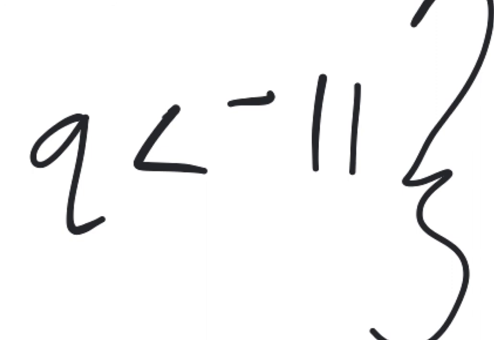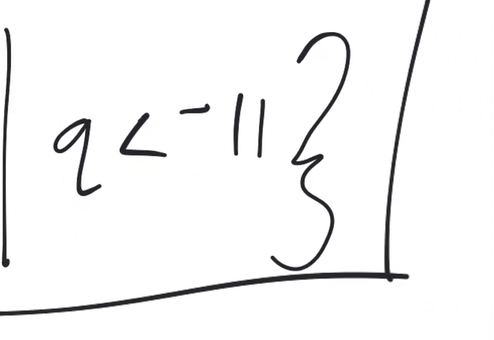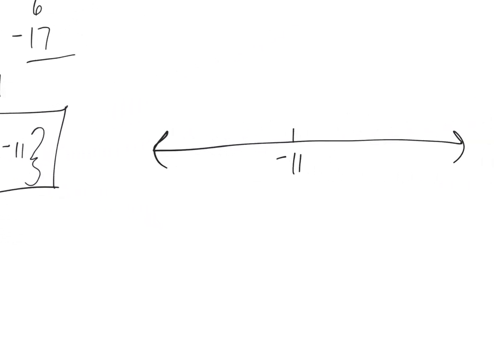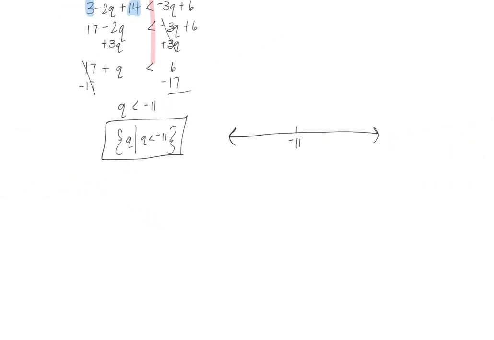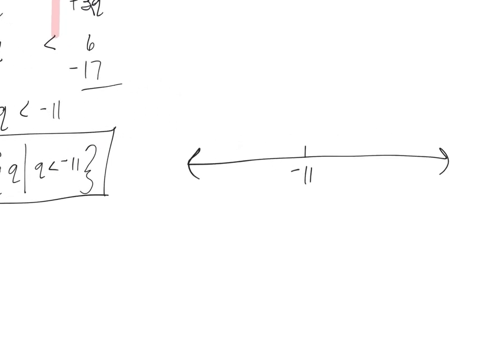What I'm talking about, the or equal to, has a flat part underneath it, and so it would have a flat bracket instead of a parenthesis. So you go to negative 11, and q is less than negative 11, so that will be right here and go in toward negative infinity.